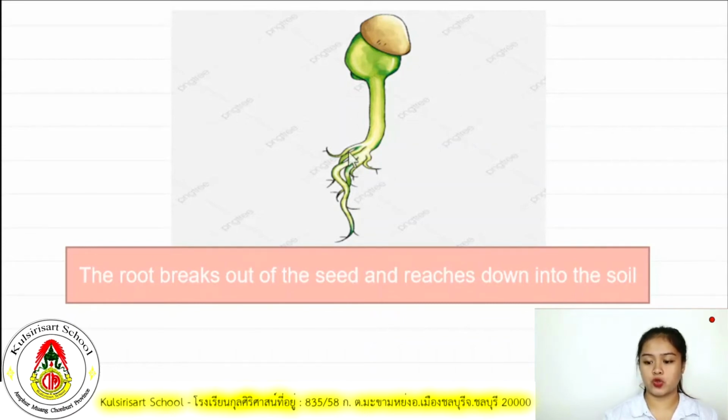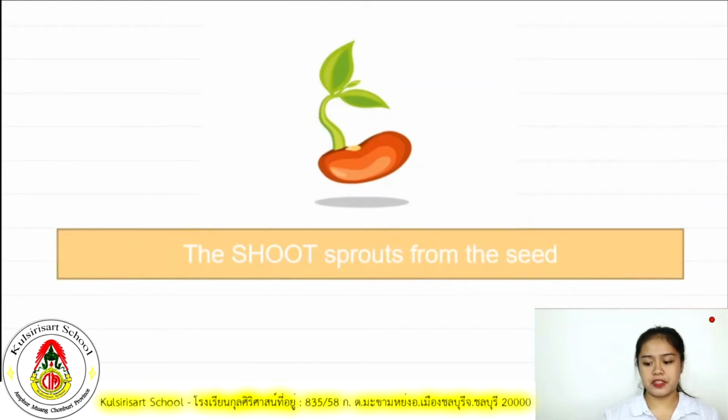This picture shows the process. This is the seed, and the roots break out of the seed and reach down into the soil. So this is the root. After that, the shoot sprouts from the seed. So that is the process of germination.